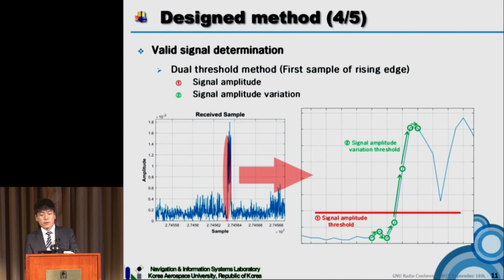So for exceeding this dual threshold, the signal reception time is determined as the first sample time of rising edge.